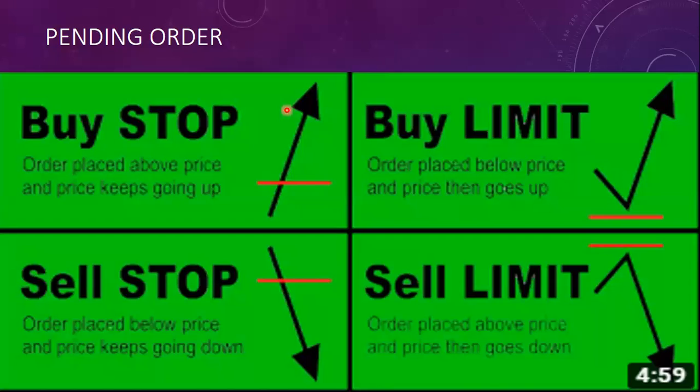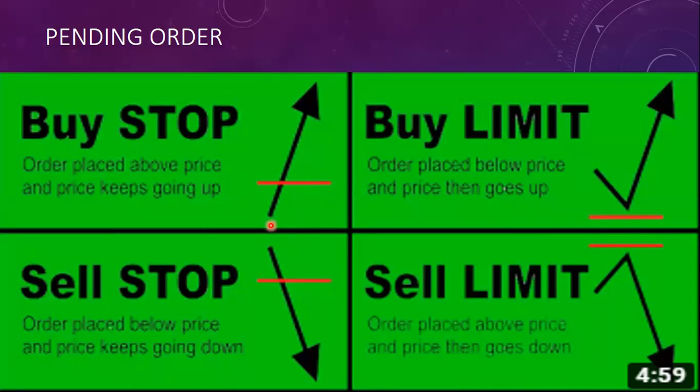Stop means the price will go on the same trend. For example, if the price is up, it will continue up. If the price is down, it will continue down. Stop. So buy stop means I will put here a buy stop order.